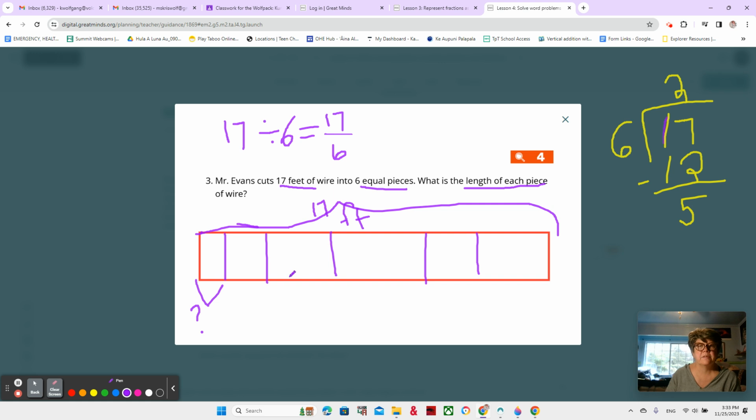So that means that each piece is 2 and 5, and we're dividing the 5 by 6, 5 sixths feet long, right? 2 and 5 sixths feet is the length of each piece. Make sure you're writing the sentence as well on page 32.